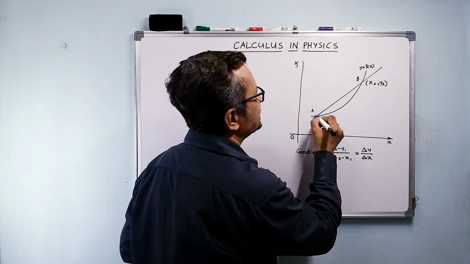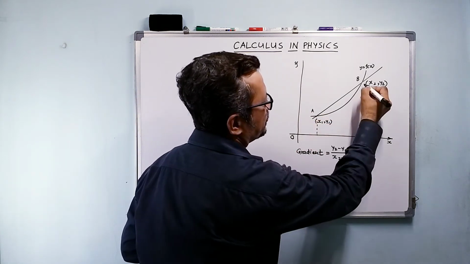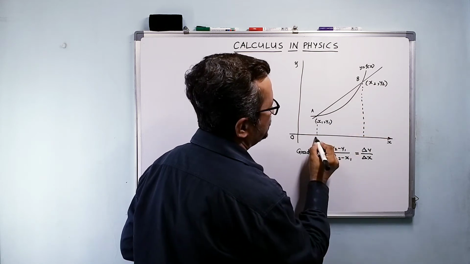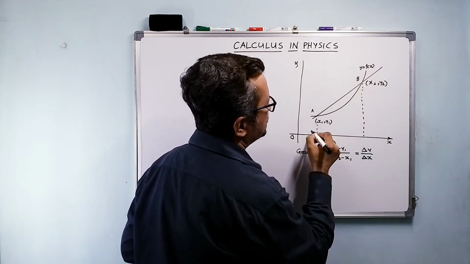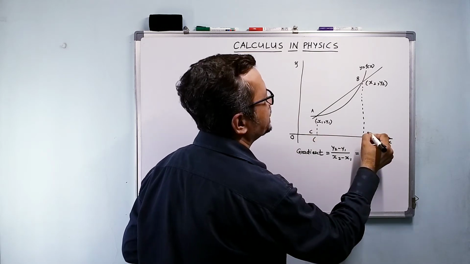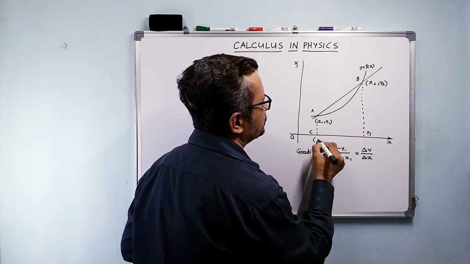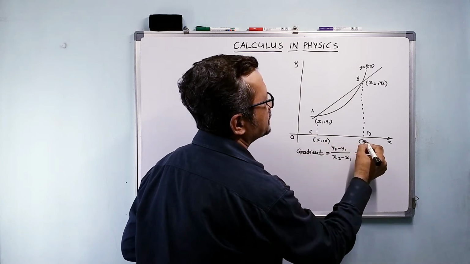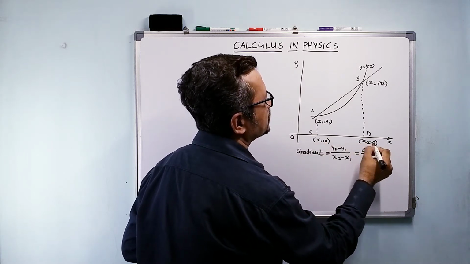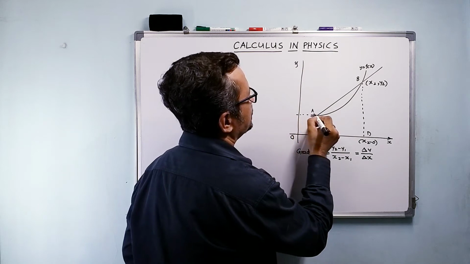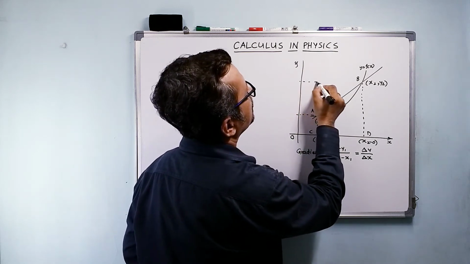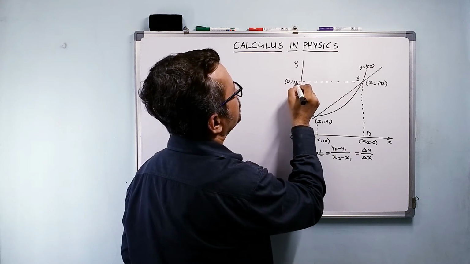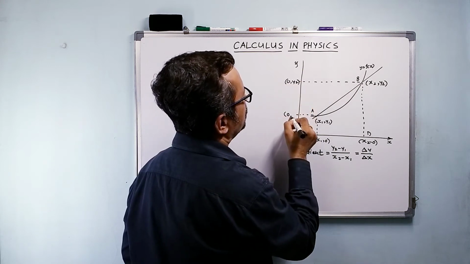Now here you can see the coordinates of this AB. Let us call these points C and D here. So this would be (x1, 0) and (x2, 0), and here it would be (0, y2) and (0, y1).